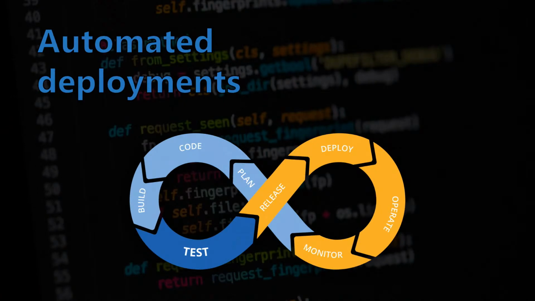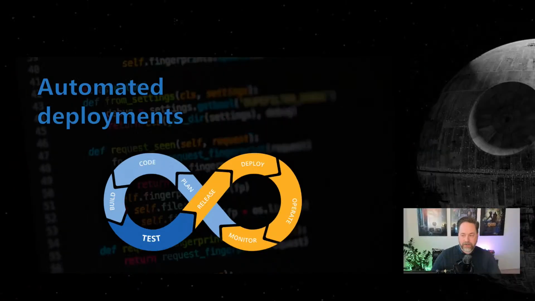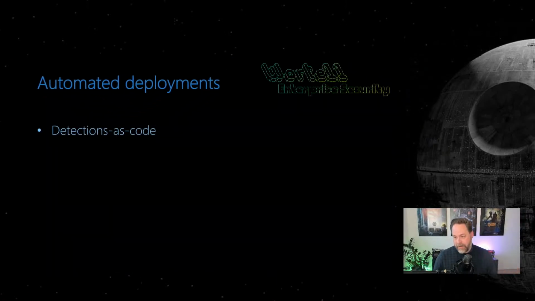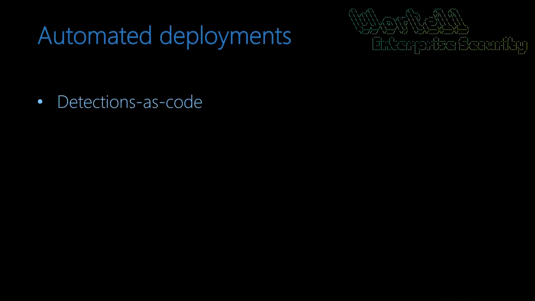You might consider some DevOps way of working for your security product as well. So with converting your detections as code, you can put your detections in a centralized Git repository, for example.